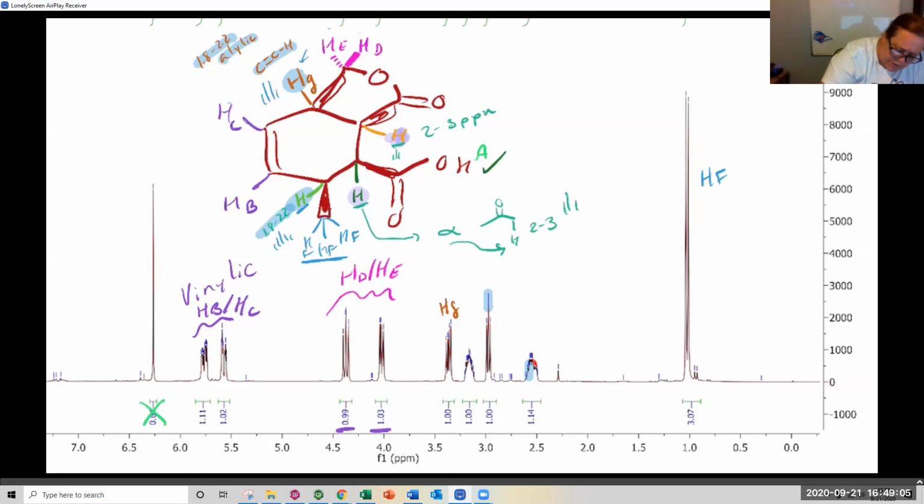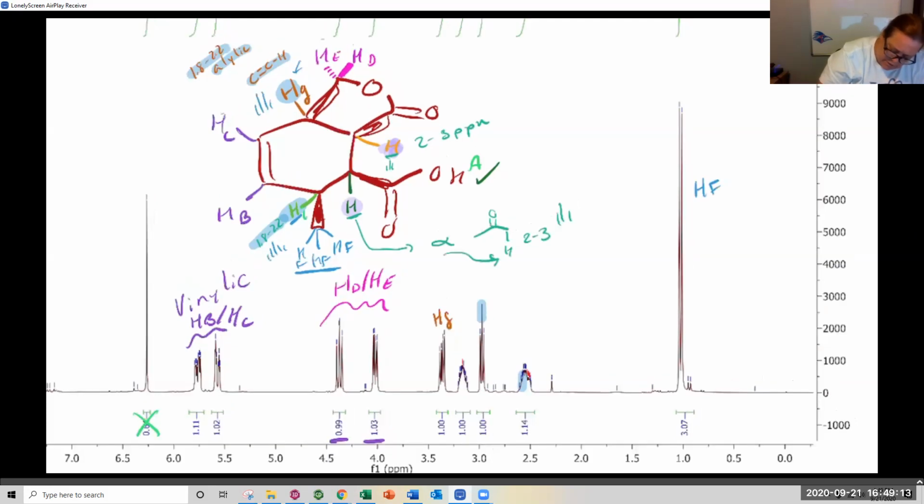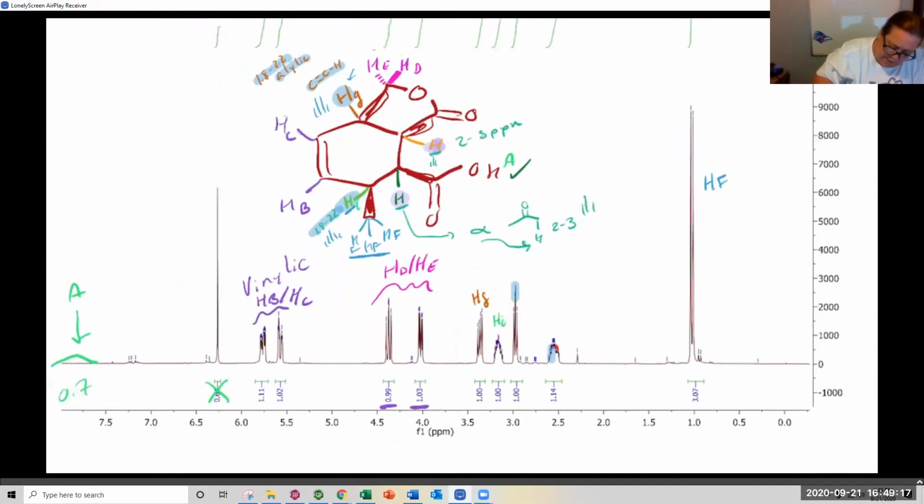So the green hydrogen here. Okay. I'm just going to call it HI because I don't want to do HH. So this would be HI. And now we have the two triplets left over. So the only ones I haven't identified yet are this one and this one. And so again, we really don't have enough information to answer this question with the experimental data that I gave you. So I'm just going to go ahead and give it to you.